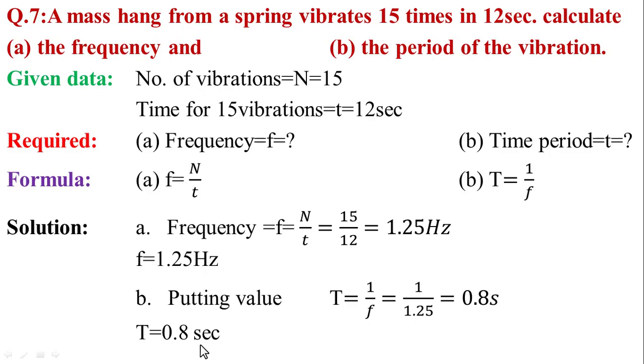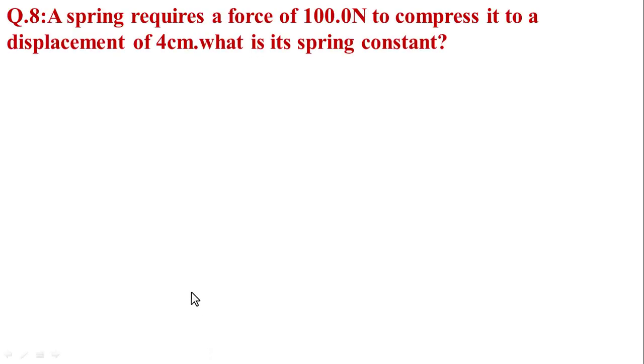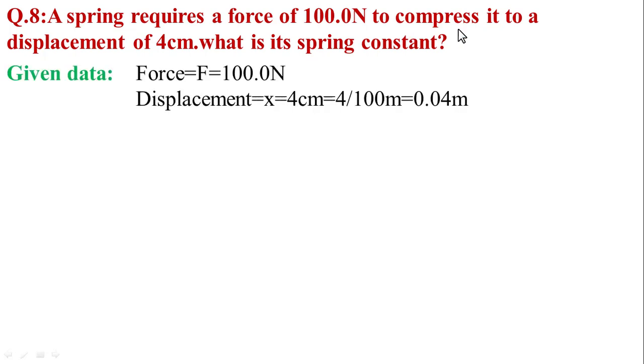0.8 seconds. In question number 8, the given statement: a spring requires a force of 100 Newton to compress it to a displacement of 4 centimeter. What is the spring constant? According to the statement, write the given data.